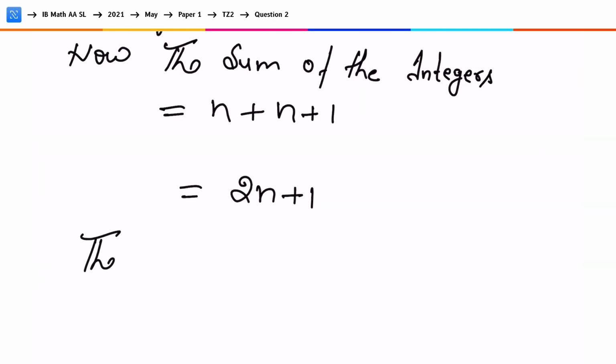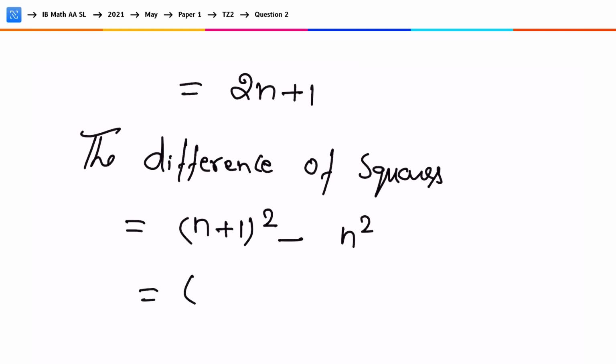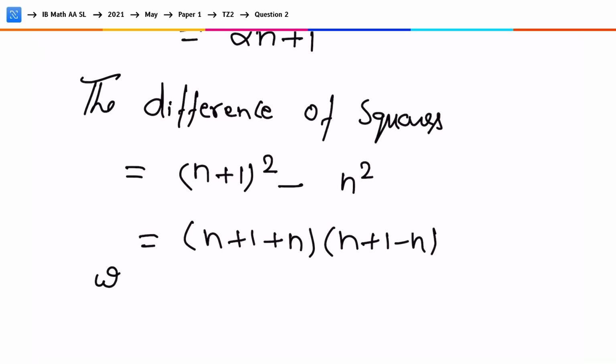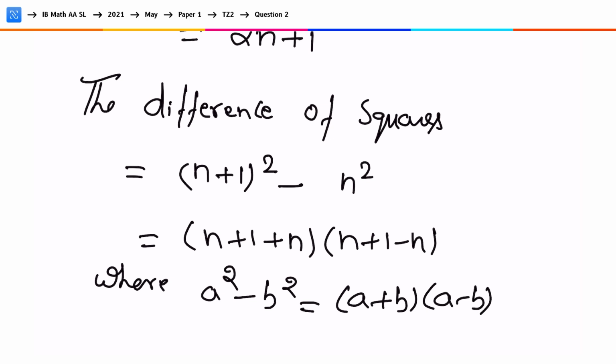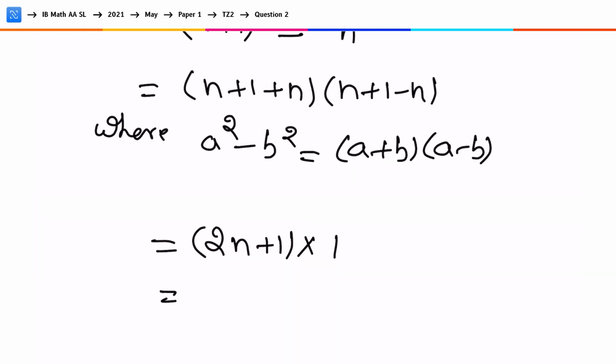The difference of their squares equals (n plus 1) squared minus n squared, which equals (n plus 1 plus n) multiplied by (n plus 1 minus n), where a squared minus b squared equals (a plus b) multiplied by (a minus b). This is equal to 2n plus 1 multiplied by 1, which is equal to 2n plus 1. So proved.